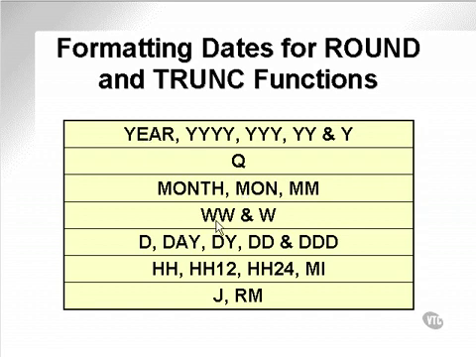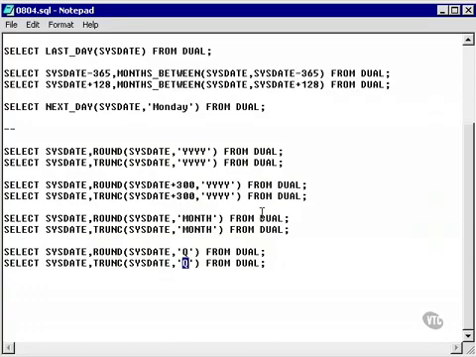In other words, round or truncate to a year, a month, a day, etc. We won't go into the details of these formatting functions at this point. If you want to find out what all these format specifiers mean, go into the documentation on TechNet Online.